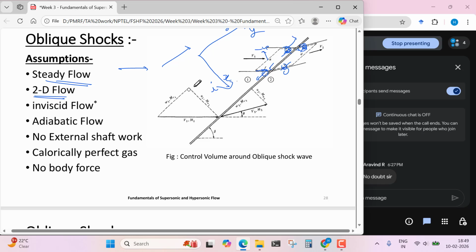Perpendicular velocity is given by u1 and u2, and tangential velocity is given by w1 and w2. And here we are taking the control volume as this A, B, C, D, E, F, where surfaces A and D are parallel to the shock wave and other surfaces are parallel to the velocity.